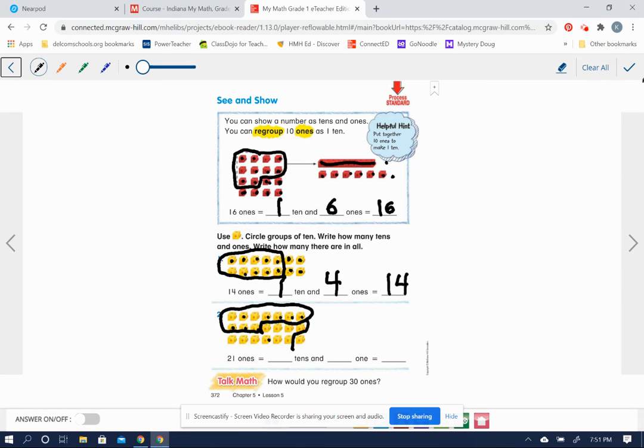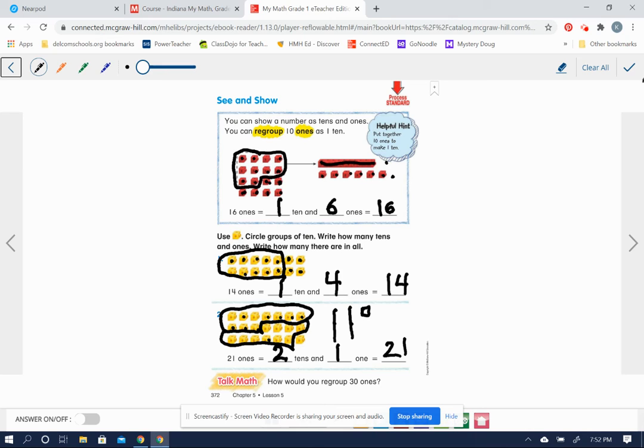We do. And so now we have two 10s, two groups of 10. We can make a stick to represent those two tens. And then we have only one left over. So 2 tens and 1 one. 10, 21. And we started with 21 ones.